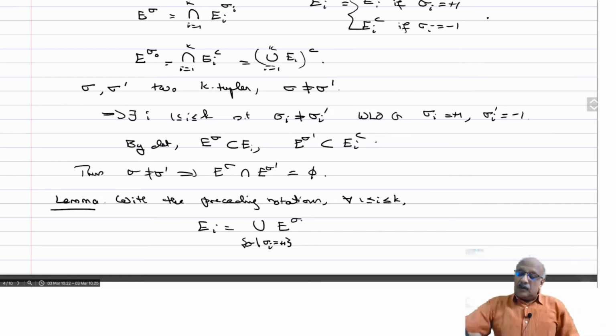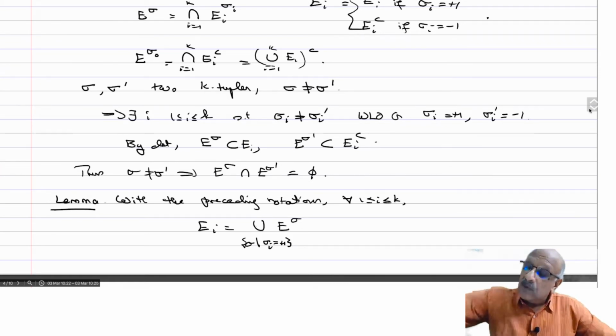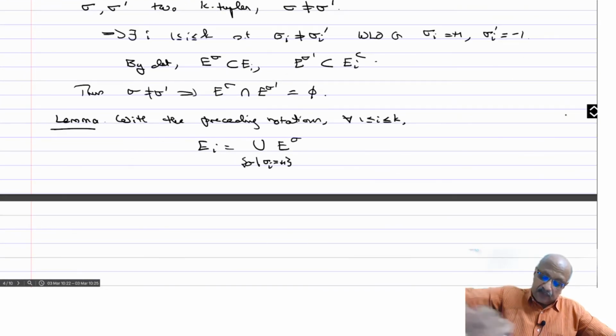So you take all k-tuples such that the ith coordinate equals plus 1, take the corresponding E sigma, take the union, then Ei will be equal to that union. So, proof.